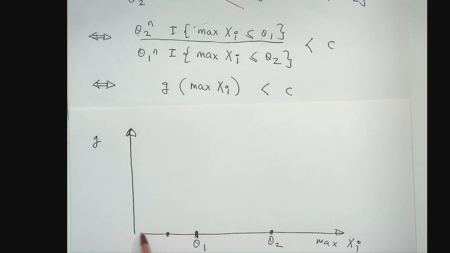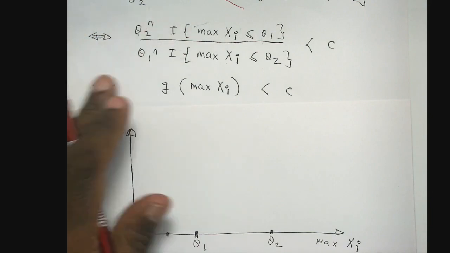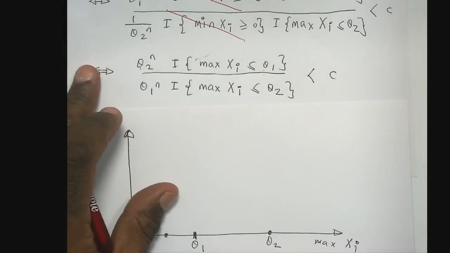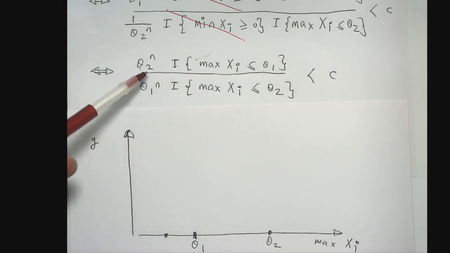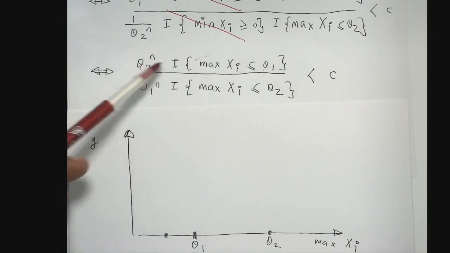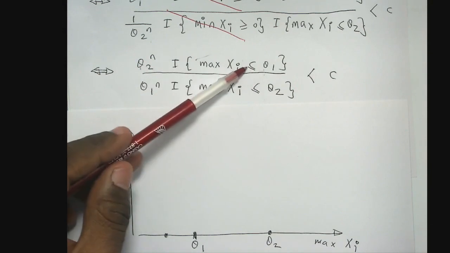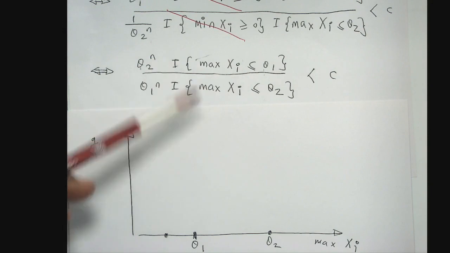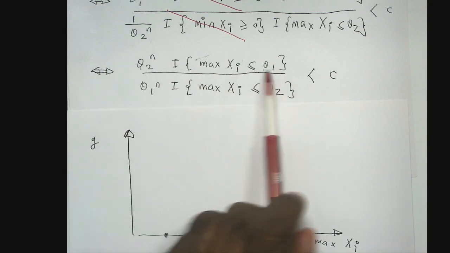In this case, this will be equal to theta 2 to the power n times what? Talk to me, guys. If your max of Xi is here, what would this be equal to?